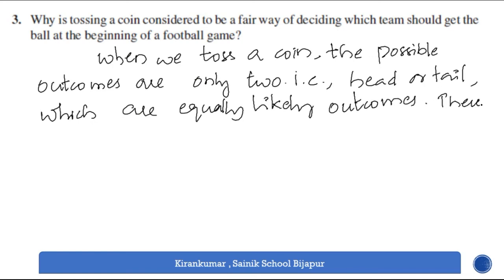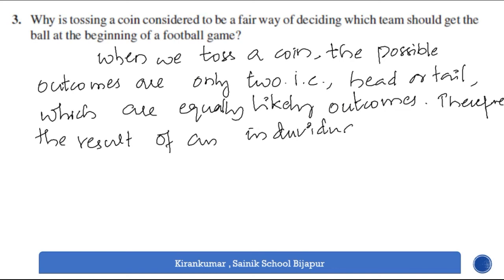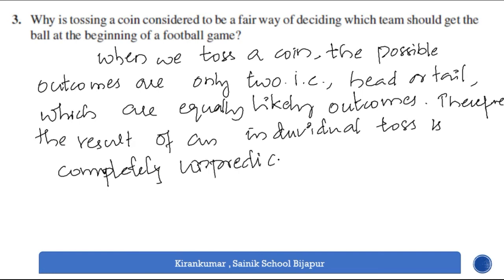Therefore, the result of an individual toss is completely unpredictable. Therefore, tossing a coin is considered to be a fair way of deciding which team should take the ball at the beginning of a football game.